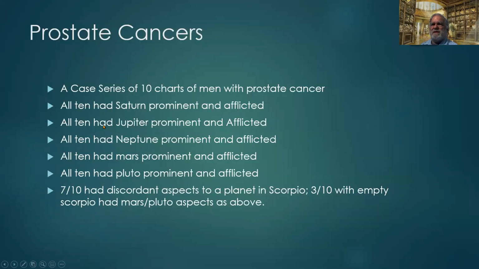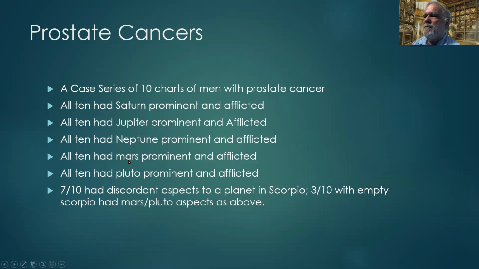We have prostate cancers. Prostate is ruled by Scorpio, and prostatic function would be ruled by Pluto and Mars. So I have a case series of 10 charts of men with prostate cancer. All 10 had Saturn prominent and afflicted, Jupiter prominent and afflicted, Neptune prominent and afflicted, and Mars prominent and afflicted. And then all 10 had Pluto prominent and afflicted, right?